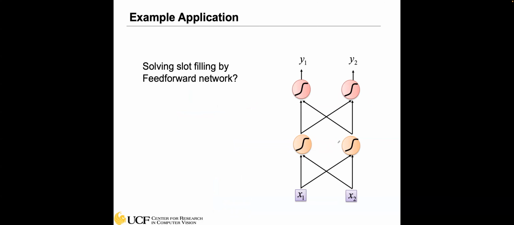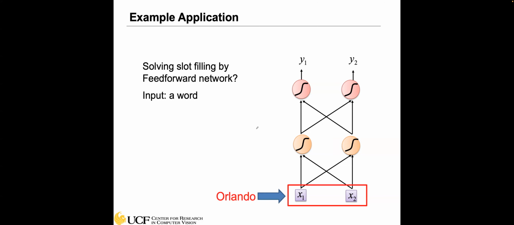If we use a feed-forward network, how is this booking system able to automatically extract that information and fill those two slots? First of all, we have the input, which is a word. We can build a feature embedding from the input word, using the word-to-vector approach to map the word into a feature embedding.